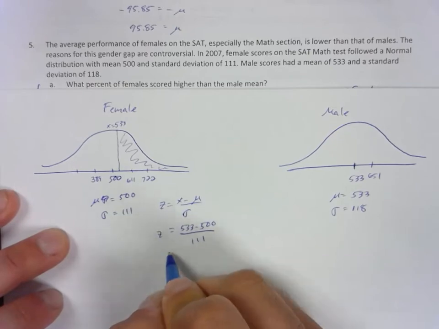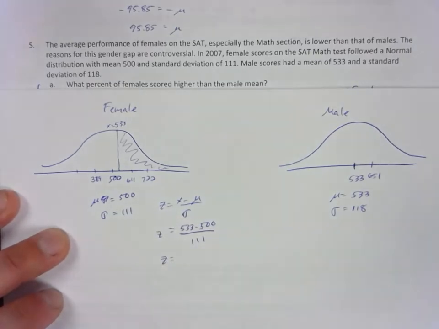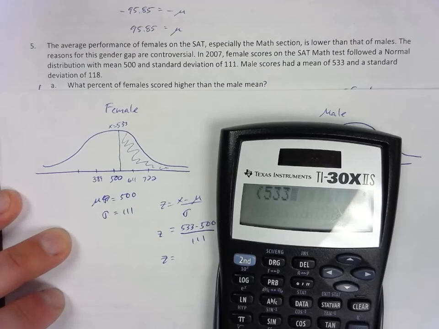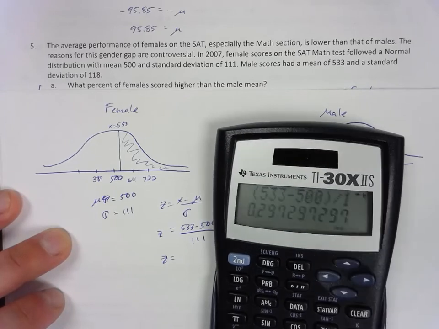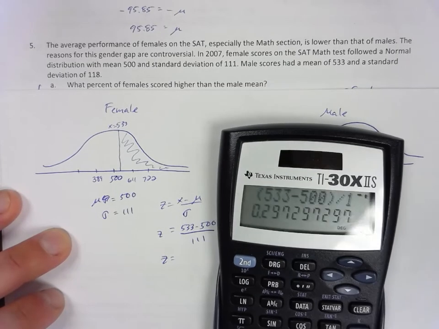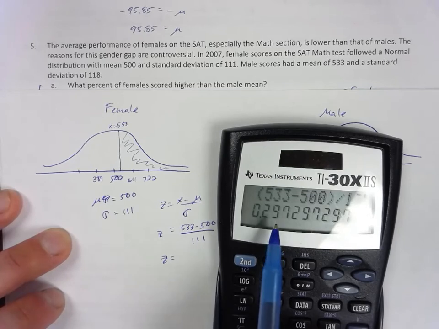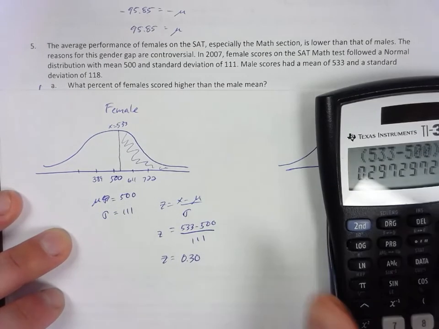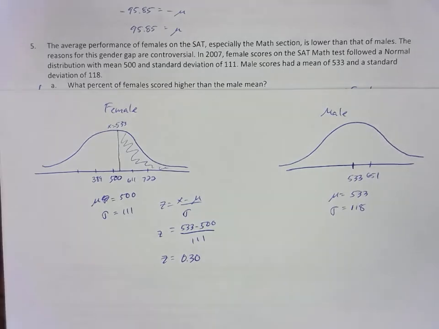When you do the math, 533 minus 500 and then divided by 111, it's 0.297, or we need only 2 decimal places, so round that to 0.30.